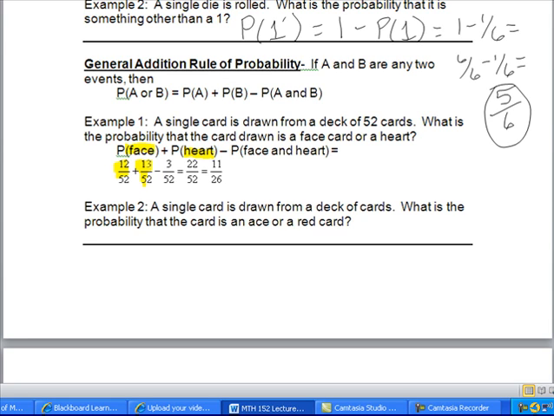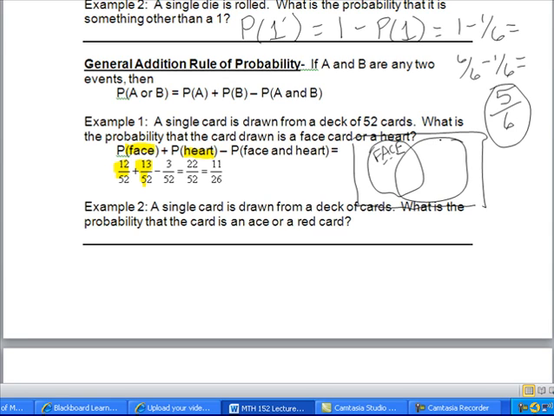But what happened when we were counting them? Let me draw a little Venn diagram. We have the face cards, which include all of the kings, queens, and jacks.